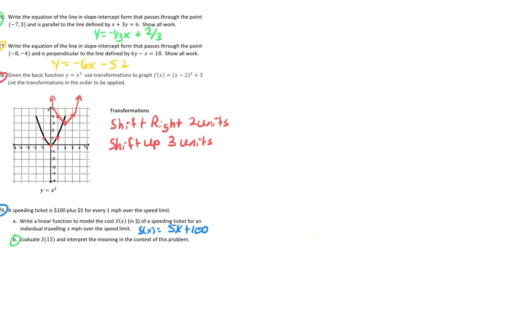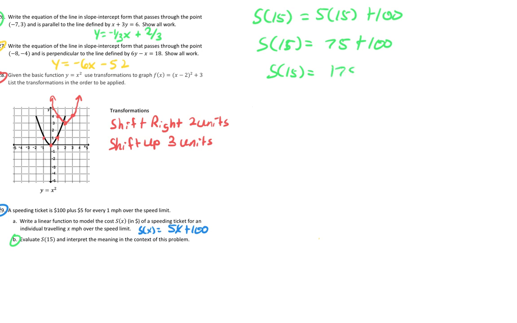Part B, evaluate S of 15 and interpret the meaning in the context of this problem. So S of 15, anywhere I see an x, I'm going to replace it with that 15. Will equal 75 plus 100 is equal to 175. But now we're going to have to interpret this.